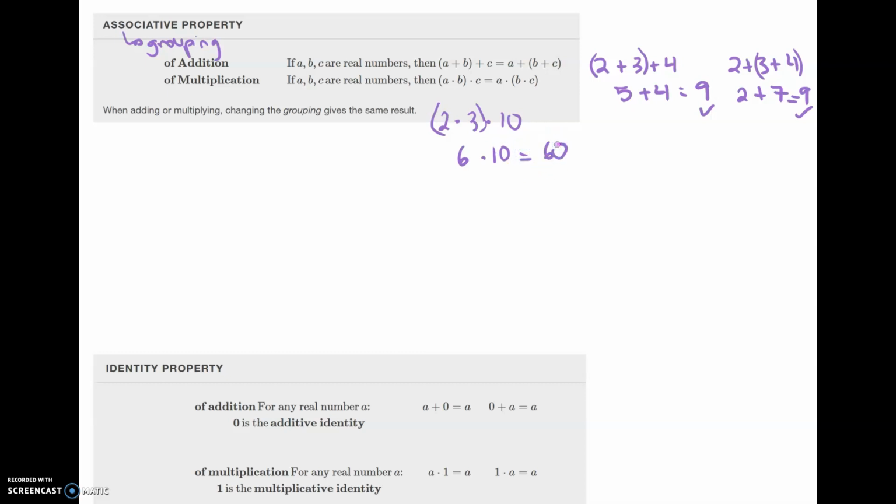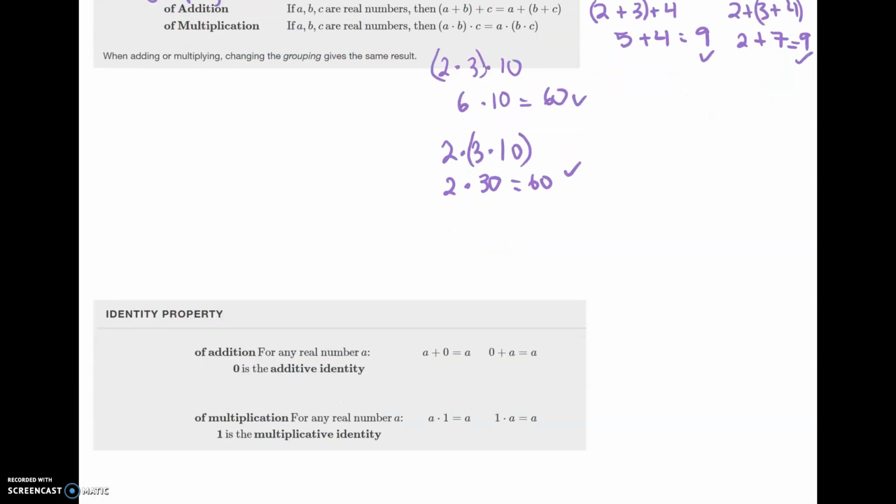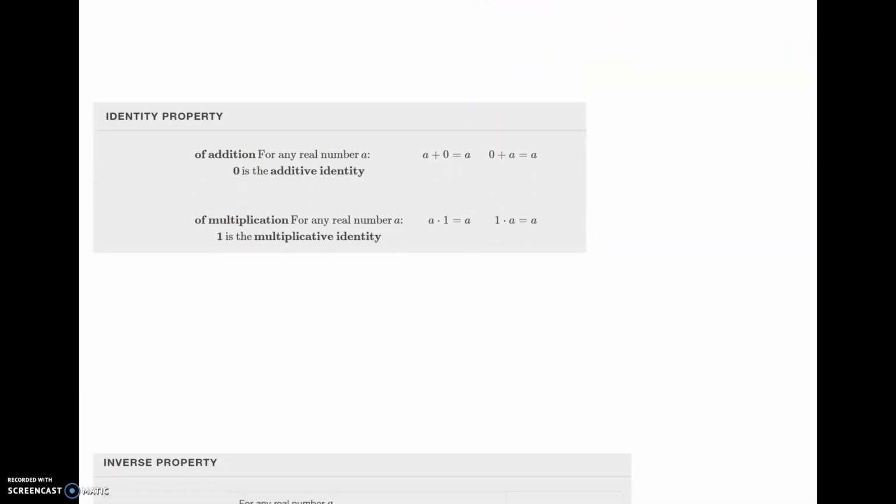Now, if I were to still do 2 times 3 times 10, but this time multiply the 3 and the 10 together, then I'd have 2 times 30, which would also give me 60. So again, it does not matter the way in which I group, the way in which I associate these, because it is addition and multiplication. Again, it changes for division or subtraction.